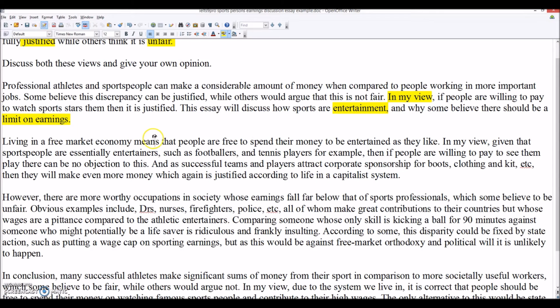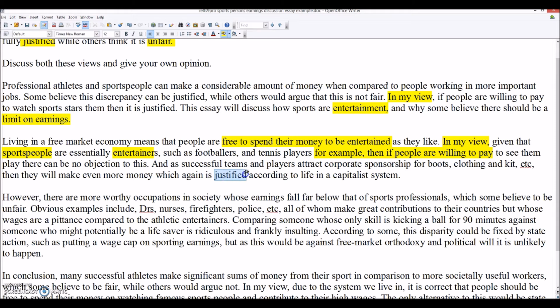Living in a free market economy, people are free to spend their money to be entertained as they like, in my opinion. So we're talking about sports people, they're entertainers. We've got a specific example. If you want to pay to see your football team or tennis star, that's up to you.